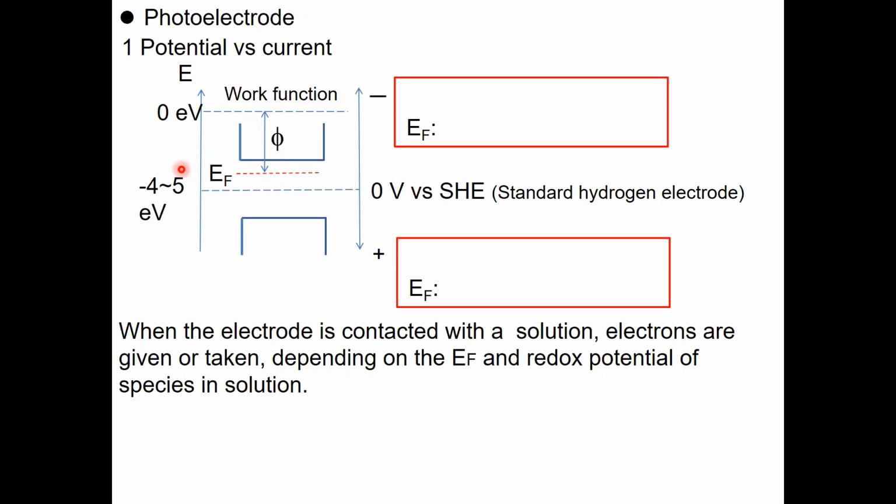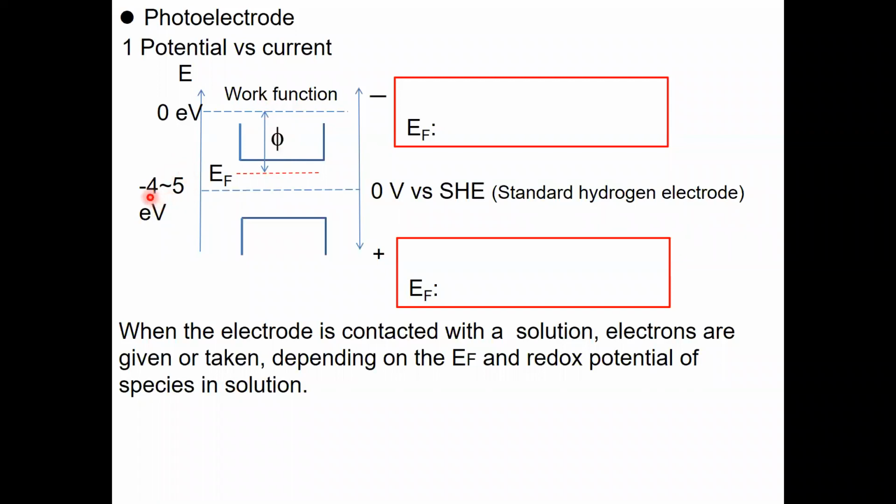So in this figure, the electron lies around somewhere in a Fermi energy level, as we studied. So what we have to measure as a work function is the vacuum level energy to the Fermi energy, which is somewhere around 4 to 5 electron volt.